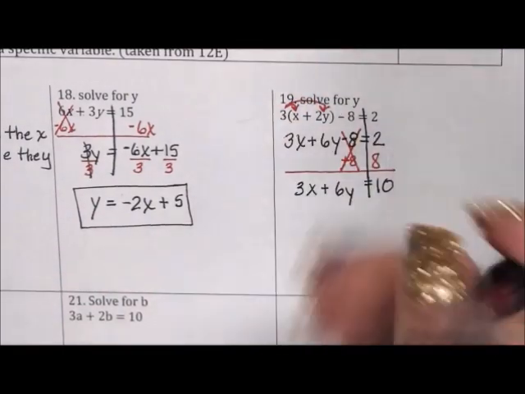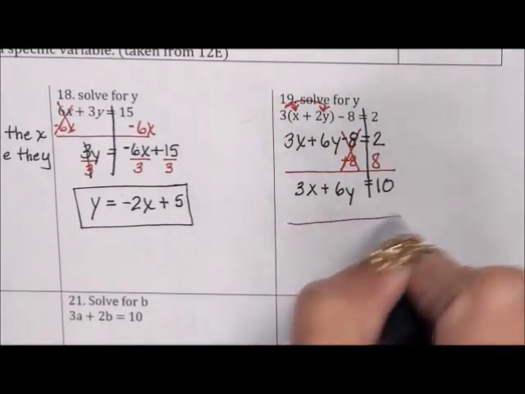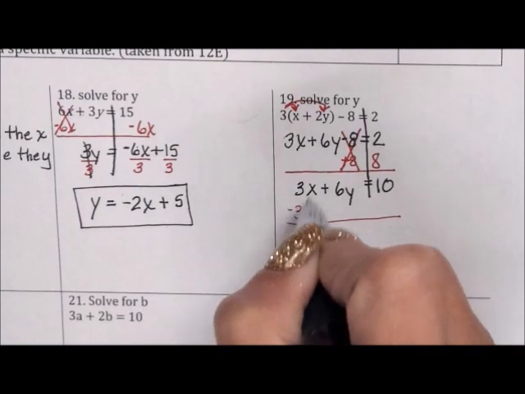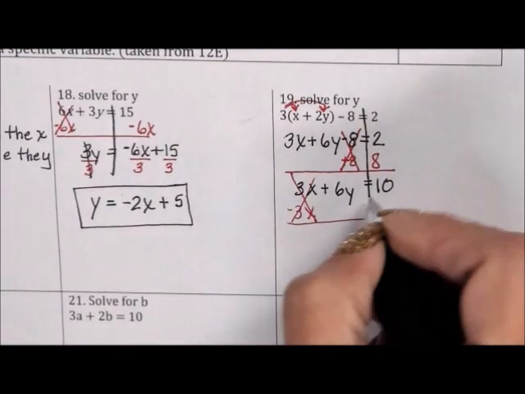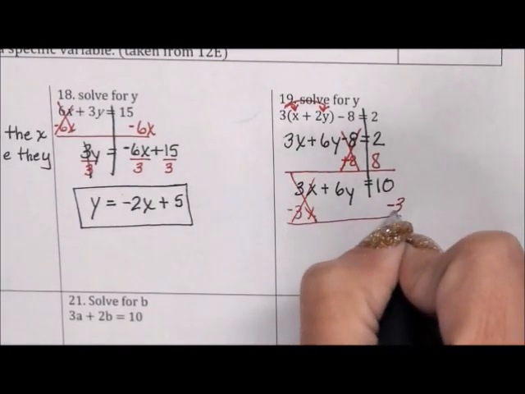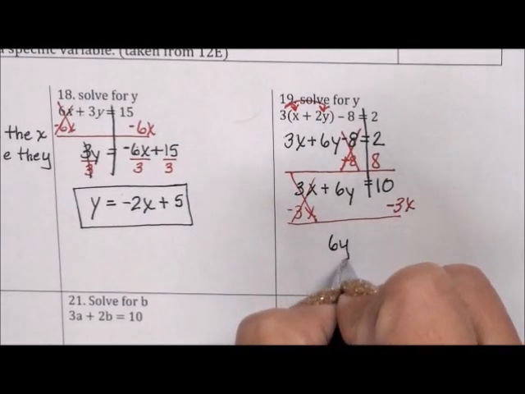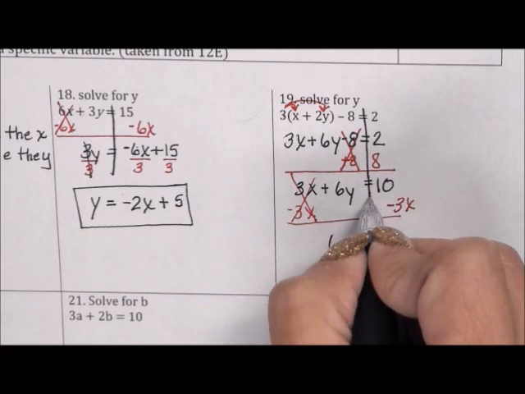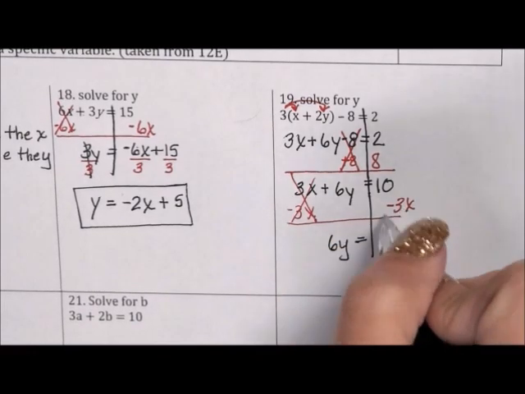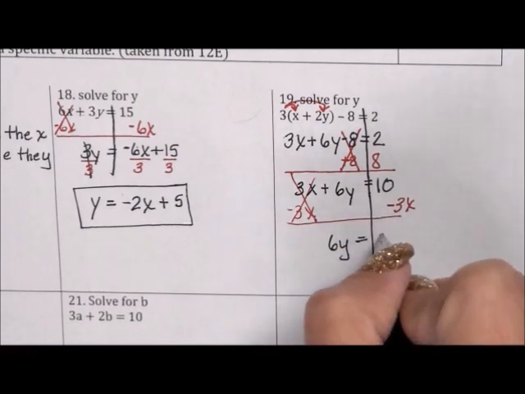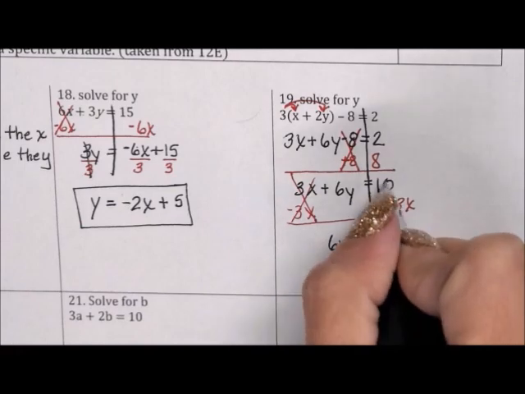So let's make the x go away. If we subtract 3x, x goes away. But if I subtract it over here, I need to subtract it over here. So 6y. I'm going to put the variable first, so that's a negative 3x and a positive 10.